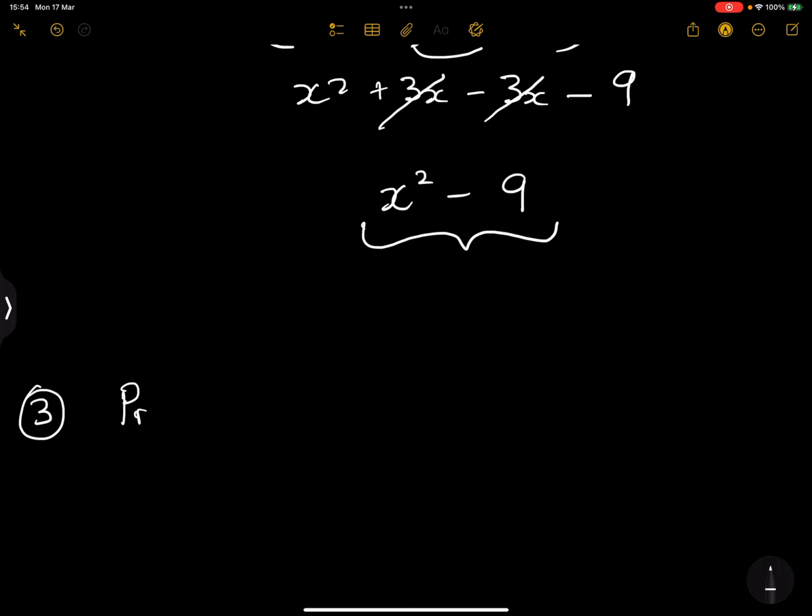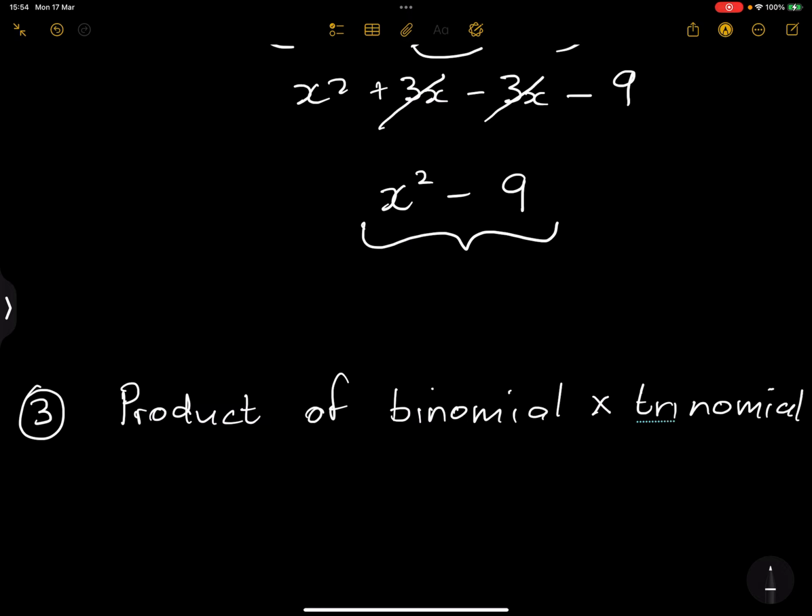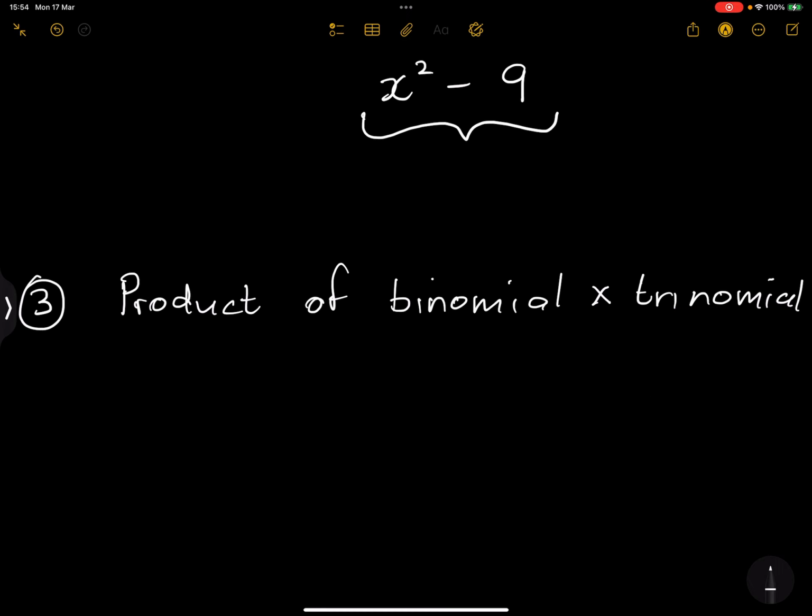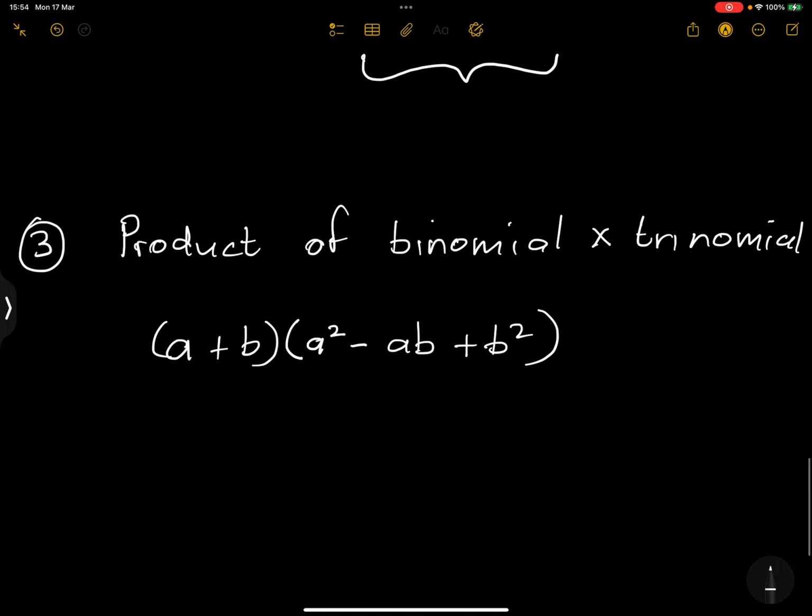So the last one, in this case, if we've got a plus b into, suppose that we are going to say, this is going to be into a squared minus ab plus b squared. Right, so let's use our distributive law.